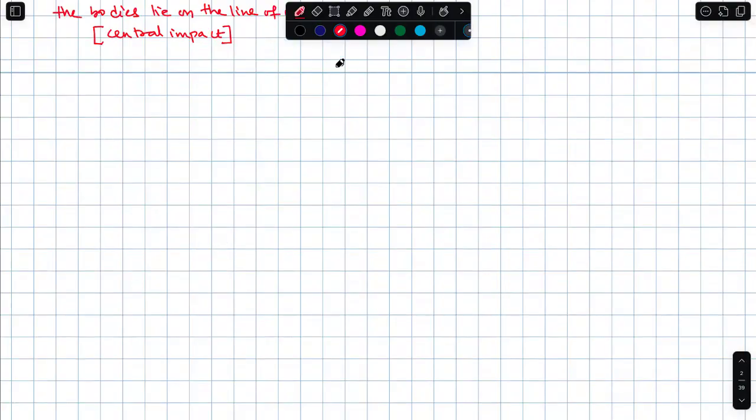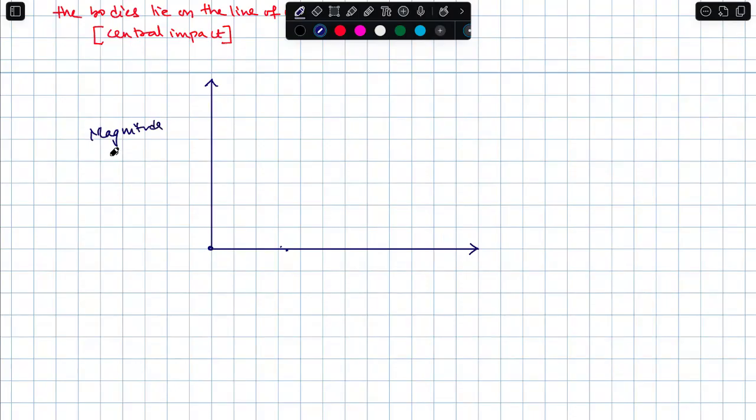Also in this situation, if you plot a graph for any one body, taking the magnitude of impulse as a function of time, you will see that the graph will have two regions.